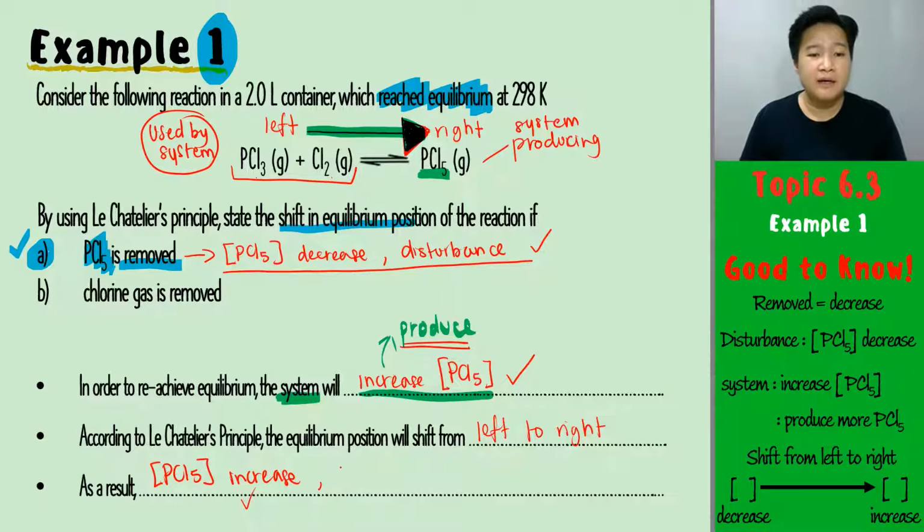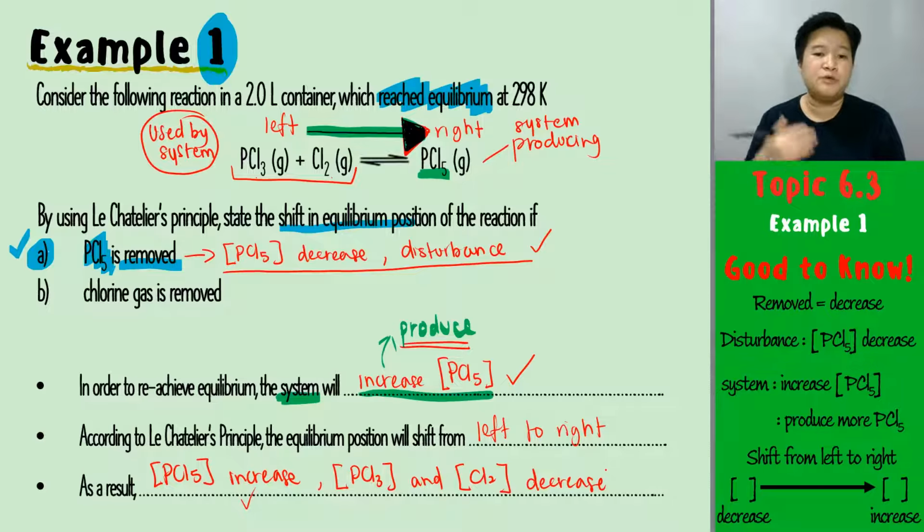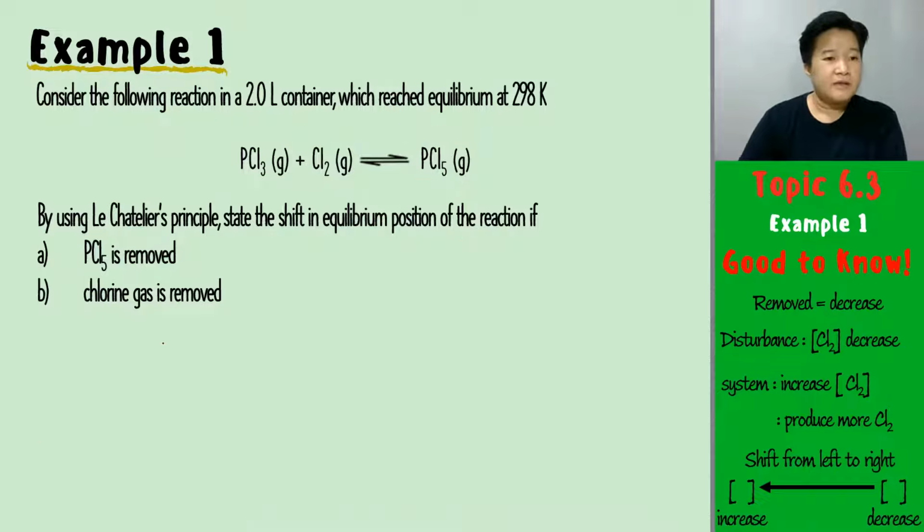We use them, guys. Therefore, PCl3 concentration and Cl2 concentration, both of them will decrease, because they are used by the system to produce more PCl5. Simple. Alright? Next, let's try question B.